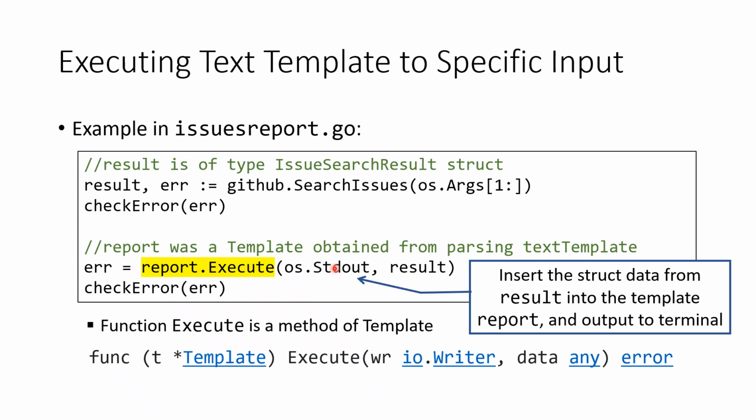Function Execute will return an error object. Therefore, we also have to call function checkError to handle any non-nil error from calling Execute.